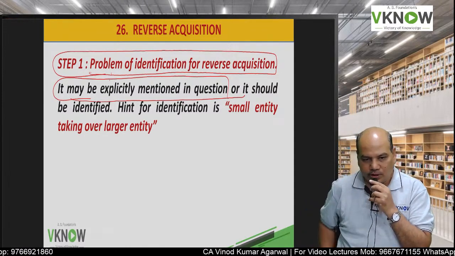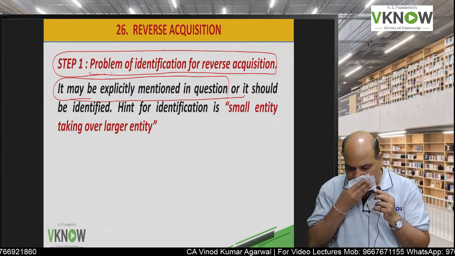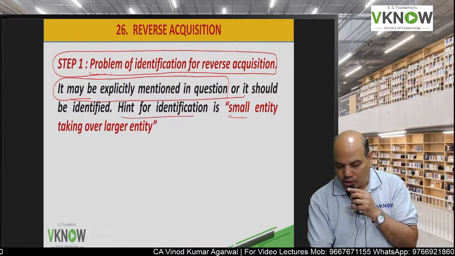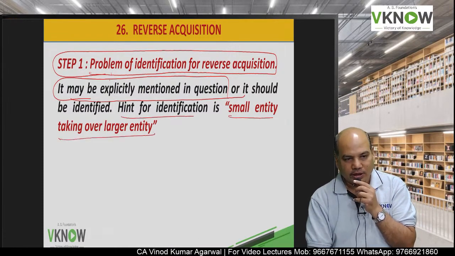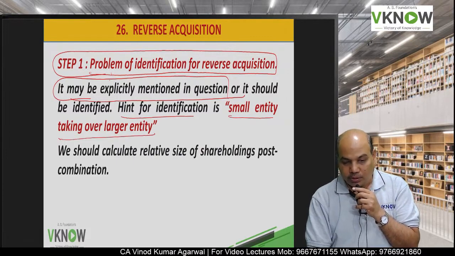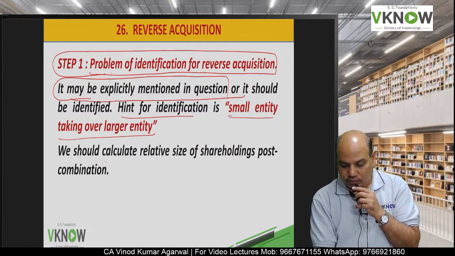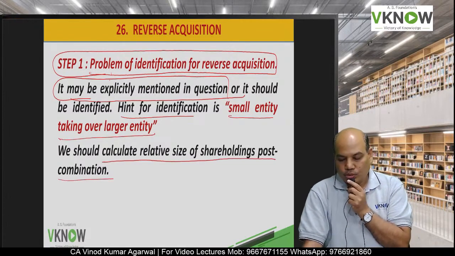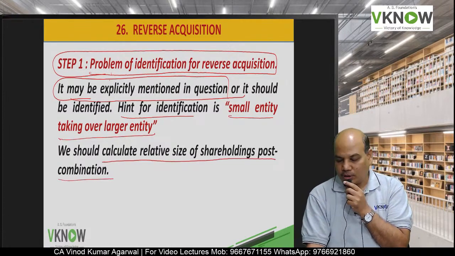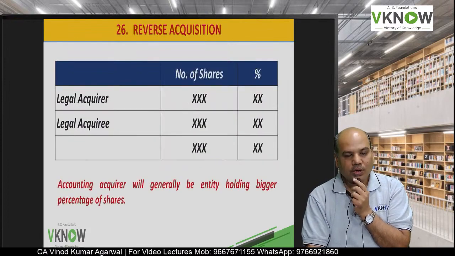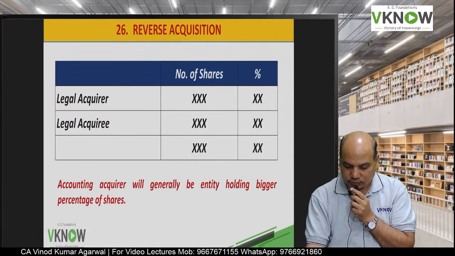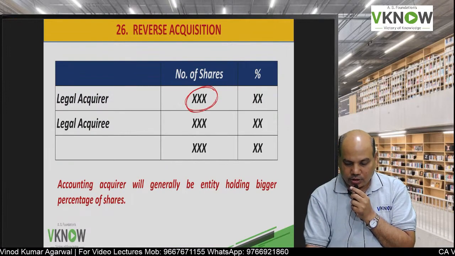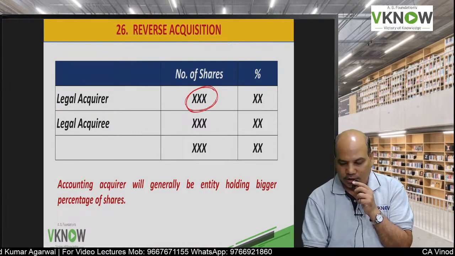Sometimes the question will mention reverse acquisition. Sometimes they will give you some hint like a small entity takes over a larger entity. But as a student, if nothing is given, we will do this calculation: who holds the higher number of shares in the post-combined entity. I will calculate the number of shares held by the legal acquirer in the merged entity.